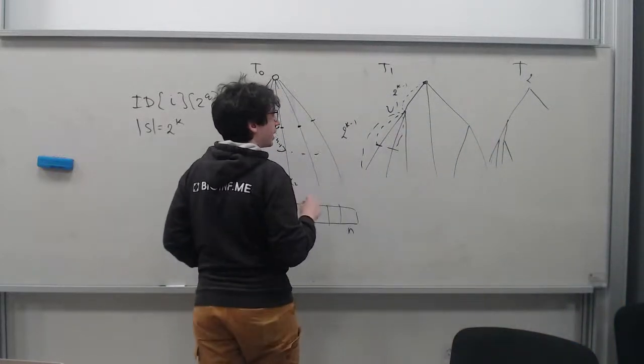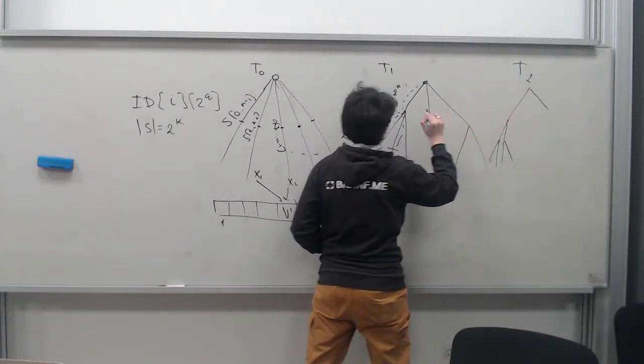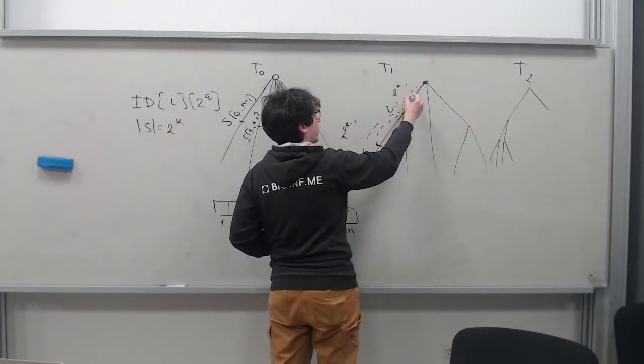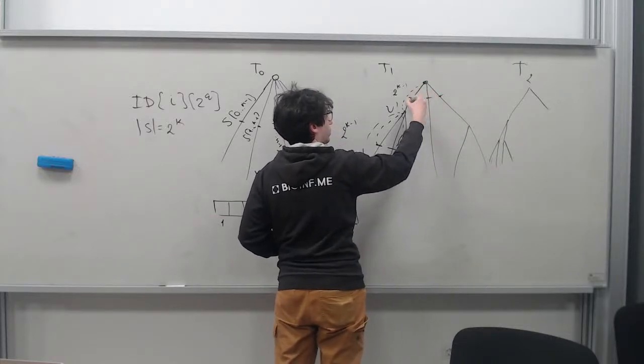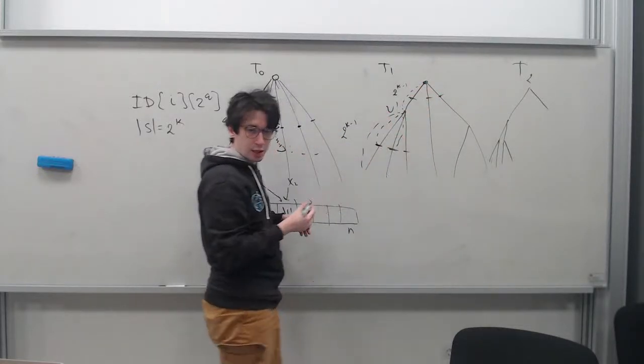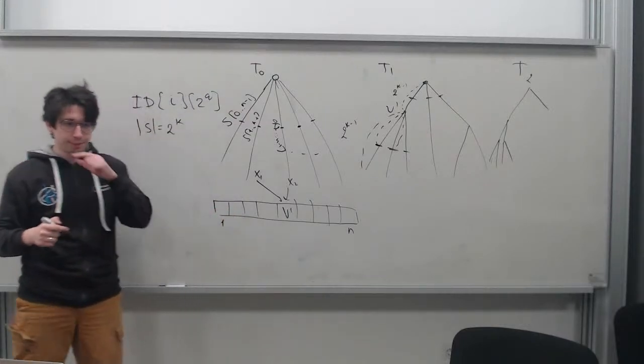Also, this could happen at the top of the tree, of course. We do the same for this node. We split into the half and merge them, and we do the same for this node. Split in the half and try to merge them together.